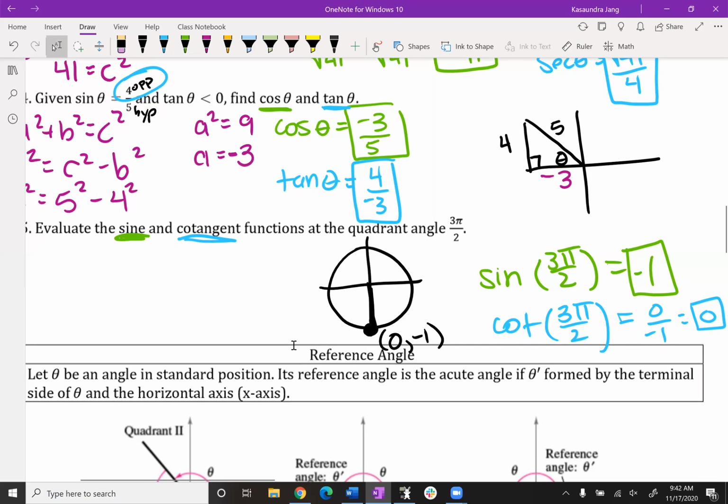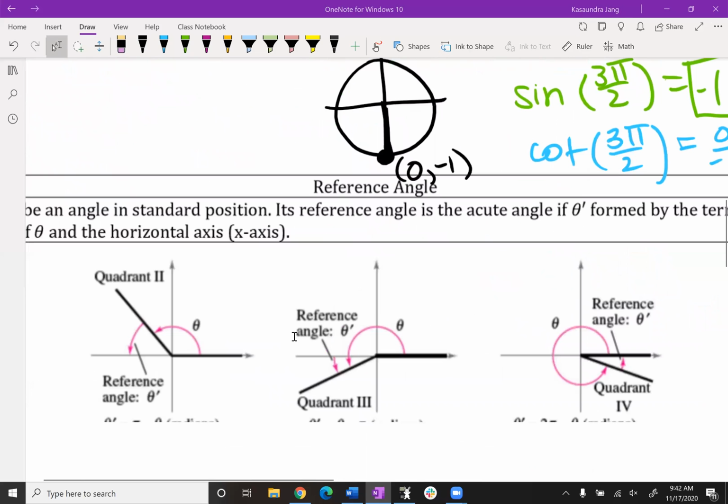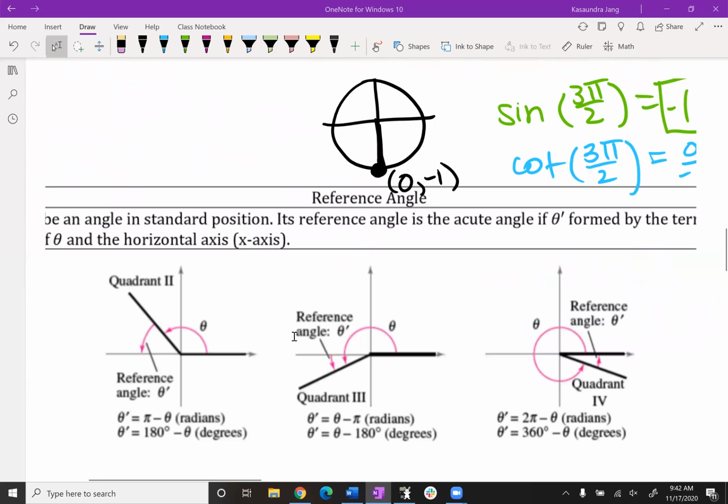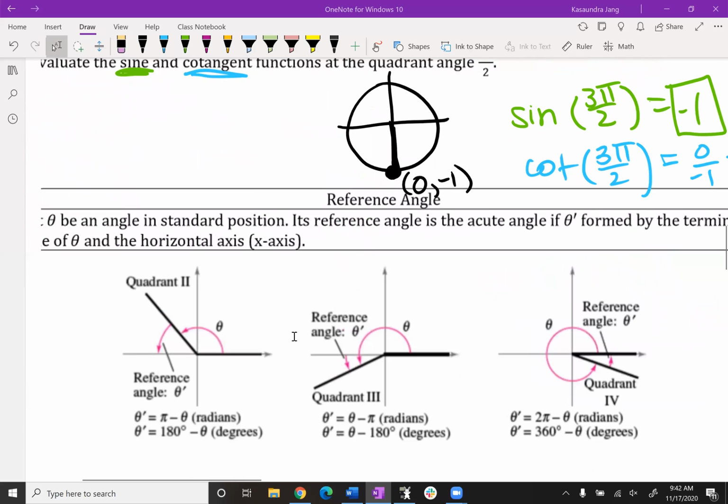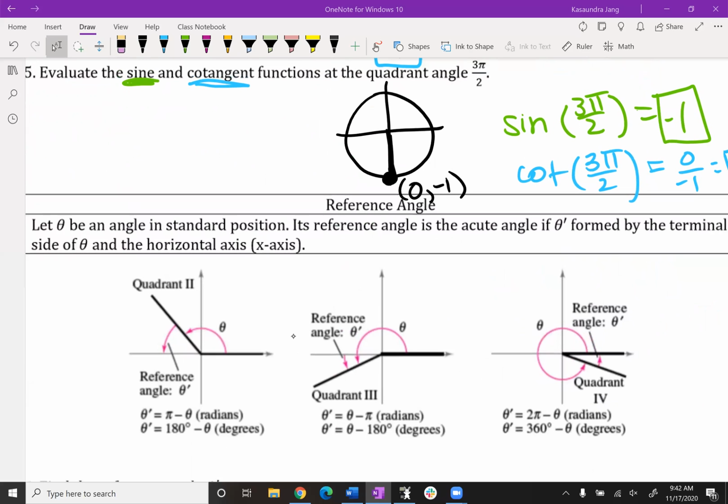Now I've got one last type of problems we're going to look at. These are for the reference angle here. It says let theta be an angle in standard position, which standard position means that you are starting on the positive x-axis and rotating counterclockwise. Its reference angle is the acute angle.